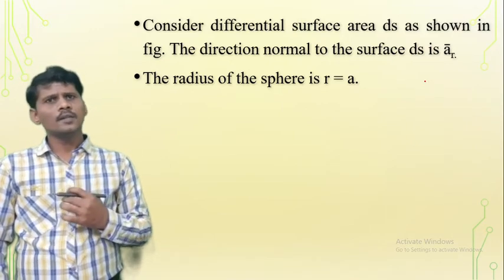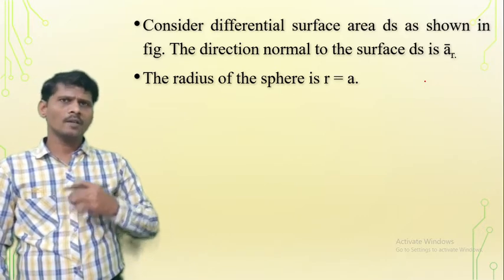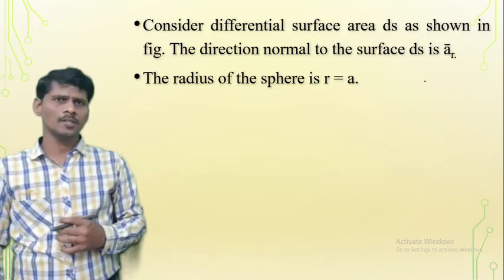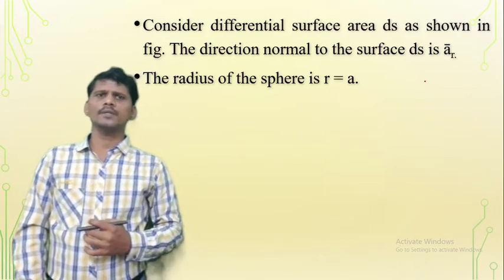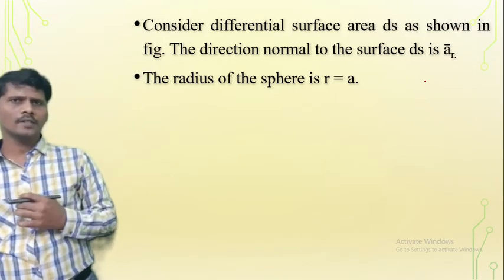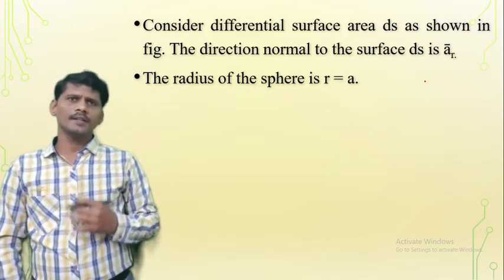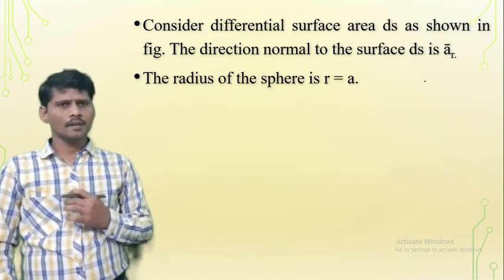Here the differential vector surface area is along the a r bar direction. So in the spherical coordinate system, the differential vector surface area normal to the r direction is ds bar is equal to r square sin theta d phi a r bar.